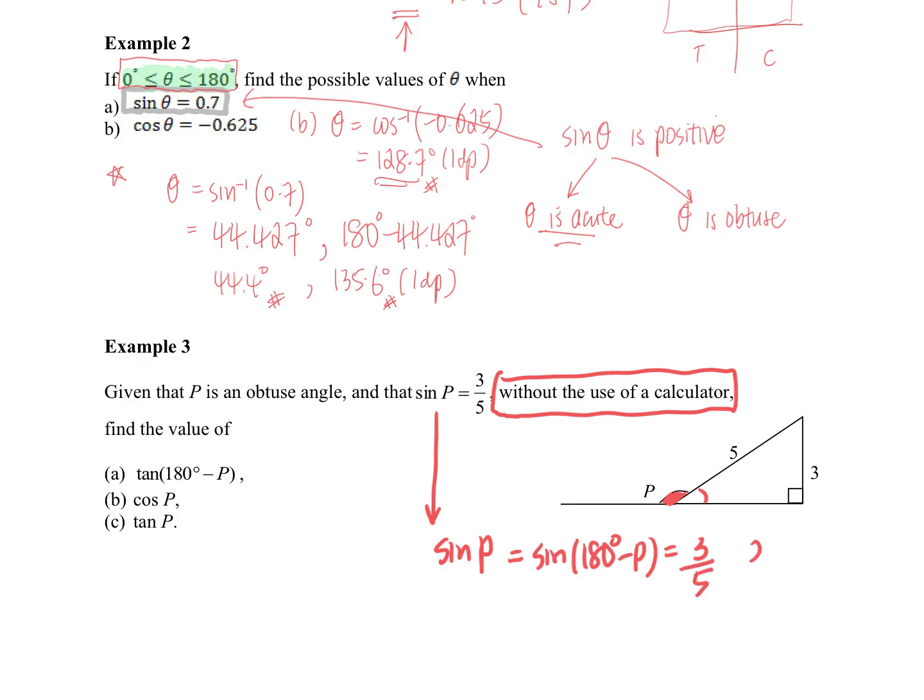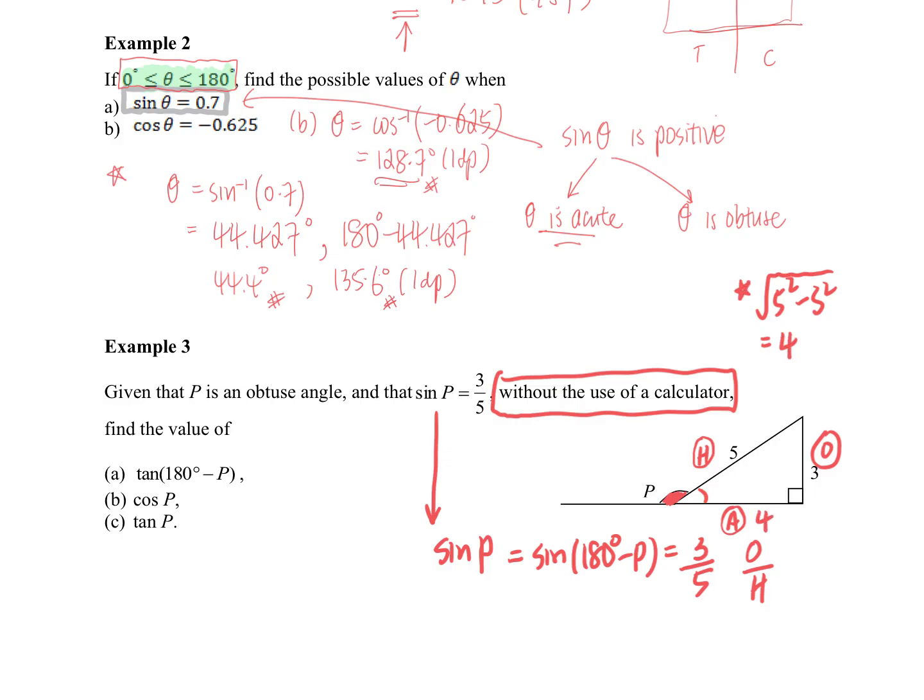So this is O over H. So this one is H, A, O. So O is 3, H is 5, A is 4, because you use Pythagoras theorem, right? 5 squared minus 3 squared, square root, you will get 4. So actually this is 4. This one you can find.